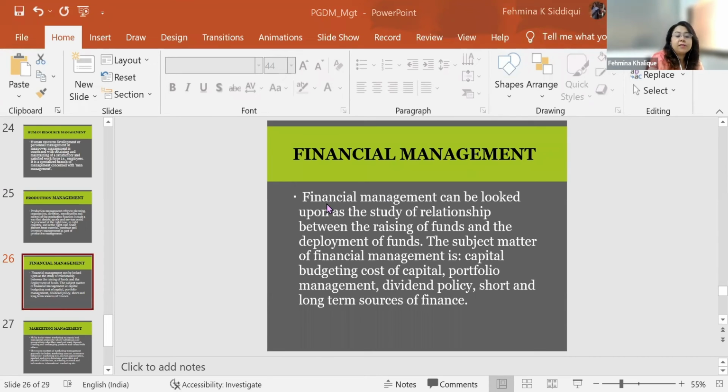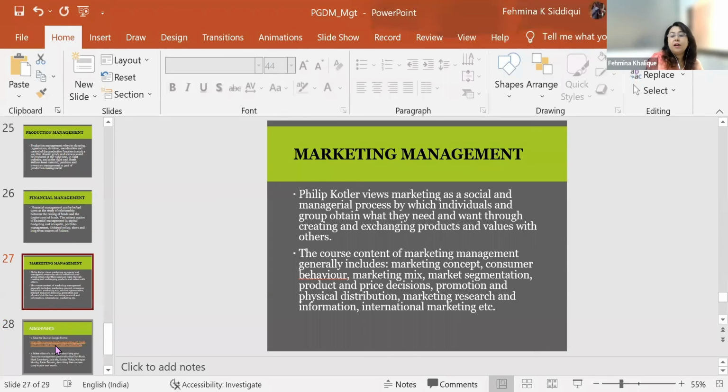So we move on to the next department, that is the marketing department. Now this is a very important one, and it is also the most popular one. Most of the people want to be in marketing, and a lot of jobs are there in marketing, although there are jobs in finance, HR, and IT also, but it is quite popular. And marketing is not just selling. It is looking into a product, designing a product, and advertising it to the right person, finding out who the customers are, and what their preferences and choices are, what they want in a product.